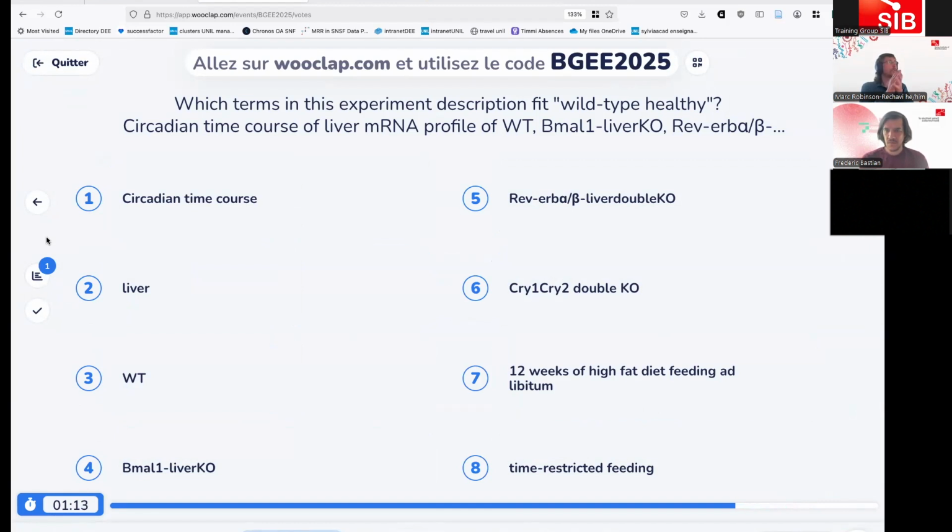So which terms are wild type healthy in this? This is the kind of thing our curators do. I took a real example of a data set that was curated and annotated in Bgee. So put yourself in the shoes of this curator. What would you keep? Which samples would you keep? Which would you not keep?